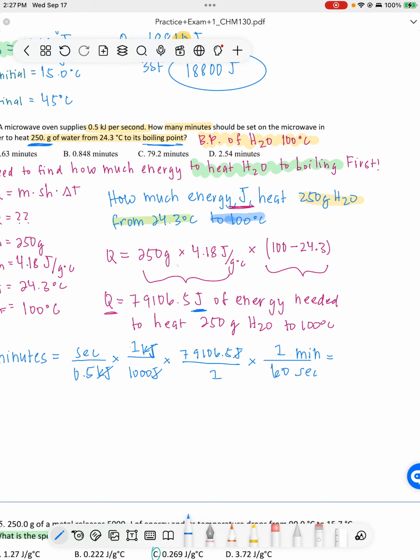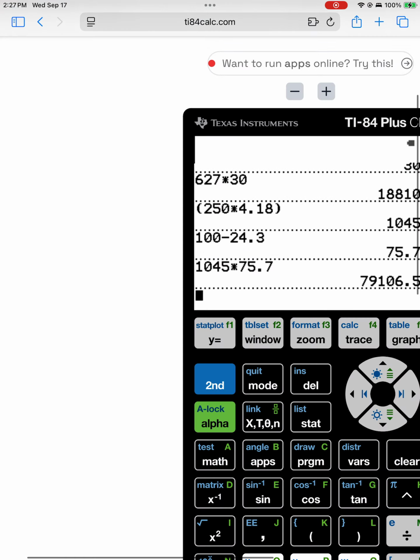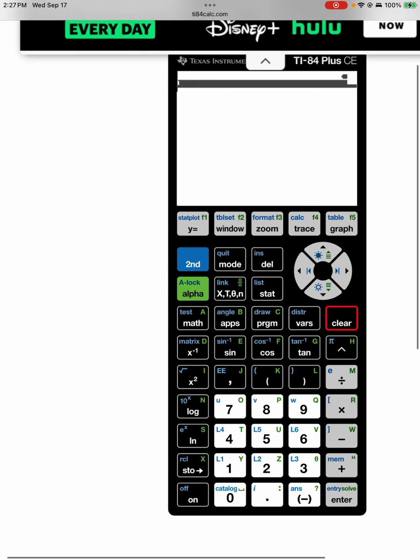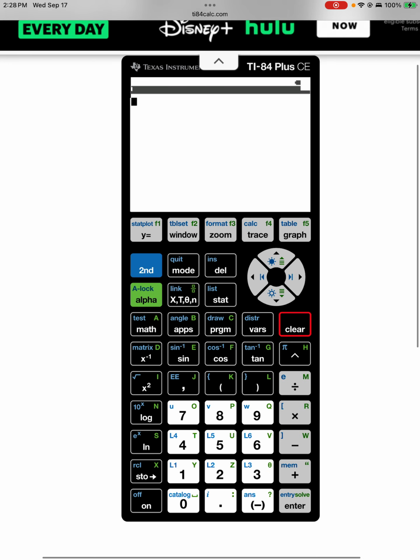We're going to hop over to our calculator. Clear all this. And we will do 79,106.5 times 1 times 1 times 1. So we don't need any of that. Let's go back over here.